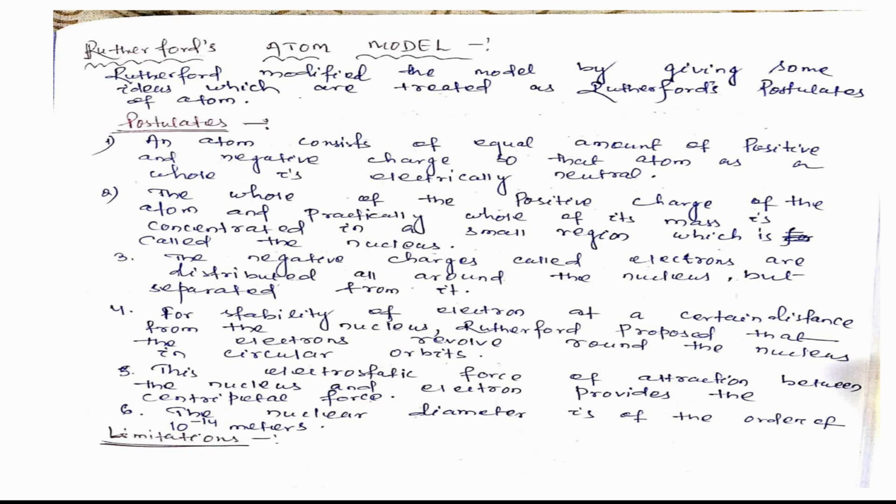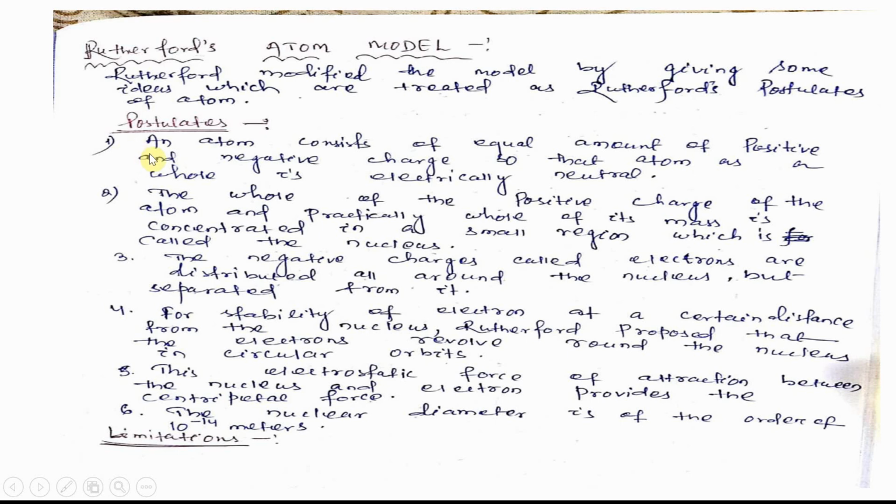Then from this experiment, Rutherford gave some postulates about the model of the atom, and Rutherford was able to modify the drawbacks or the limitations of the Thomson model of atom. These are treated as Rutherford's postulates of atom.